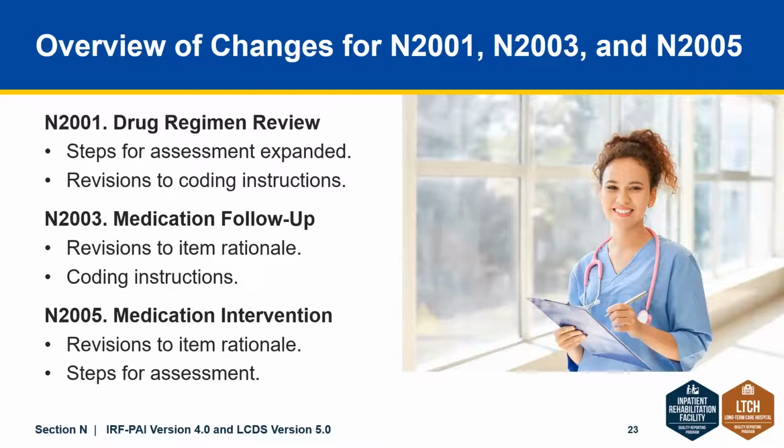For N2001 drug regimen review, we have expanded steps for assessment and revisions to the coding instructions. For N2003 medication follow-up, we have some revisions to the item rationale and coding instructions. And finally, for N2005 medication intervention, we have revisions to the item rationale and steps for assessment.